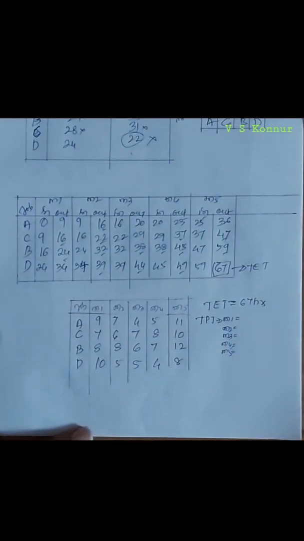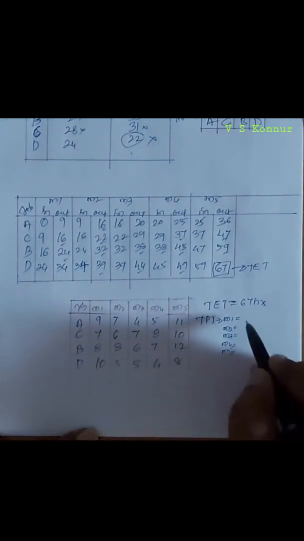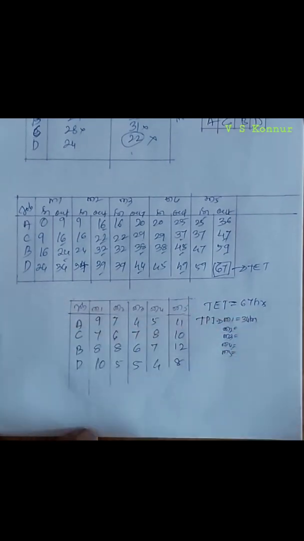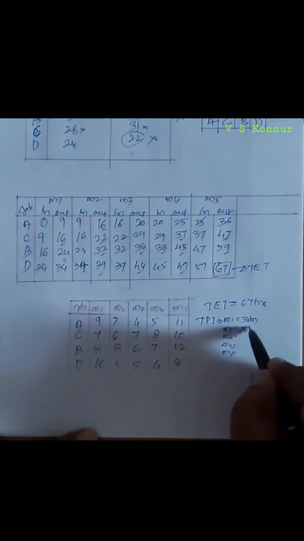So total processing time for machine 1 I will write 34 hours. Next for M2, 26 hours.